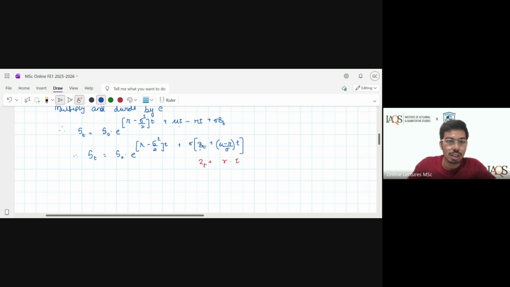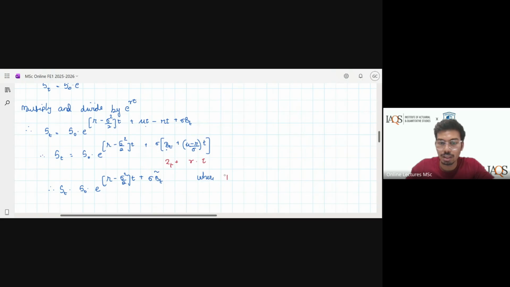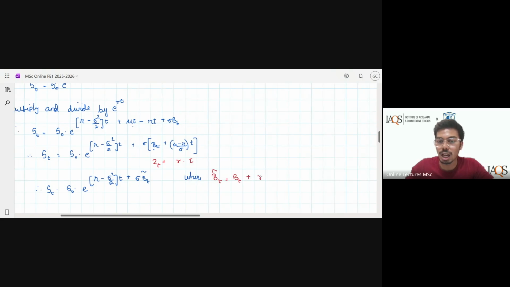Therefore, can I write this as St is equal to S0 into e raised to (r − σ²/2)t plus σ B tilde t, where B tilde t is equal to Bt plus γt, and γ is equal to (μ − r)/σ. Excuse me, sorry. Any doubts here?